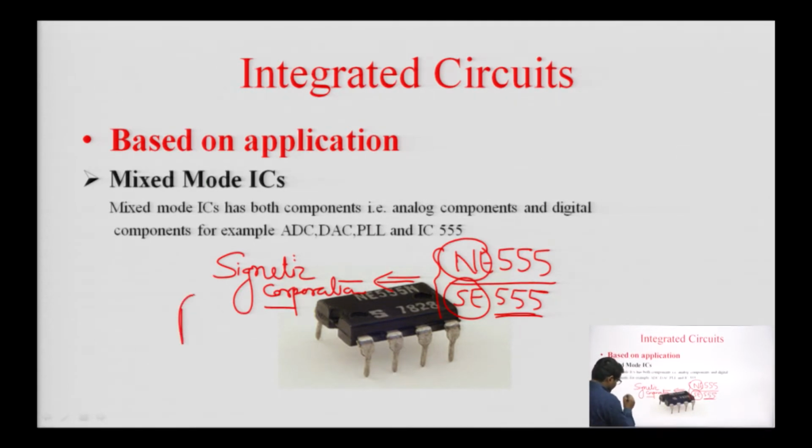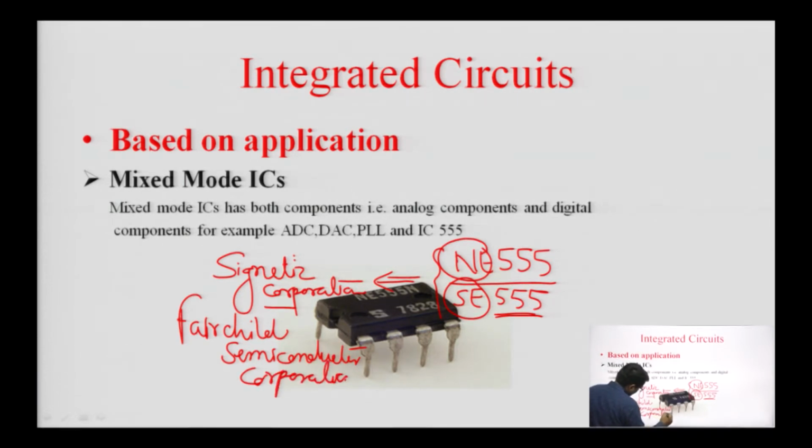Suppose Fairchild Semiconductor Corporation made an IC. Other MNCs also make ICs, and for Fairchild ICs we give the name mu A, micro A. This is the name which defines that this IC is made by Fairchild Semiconductor.